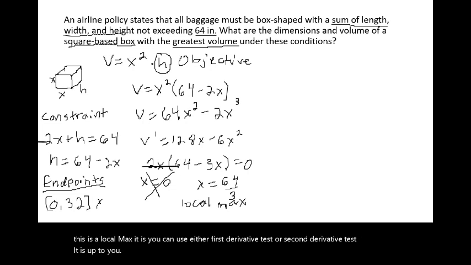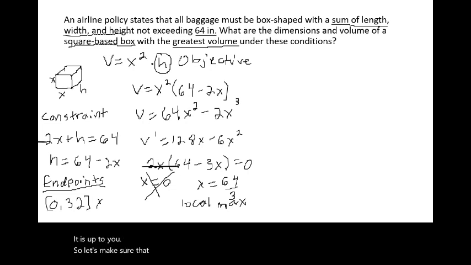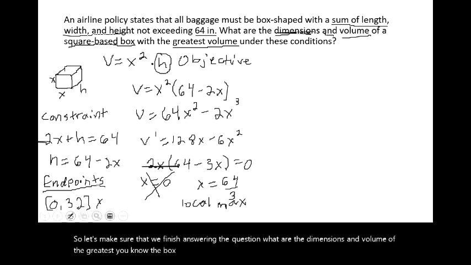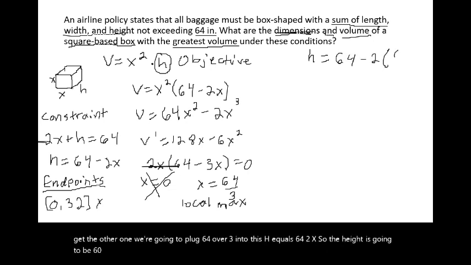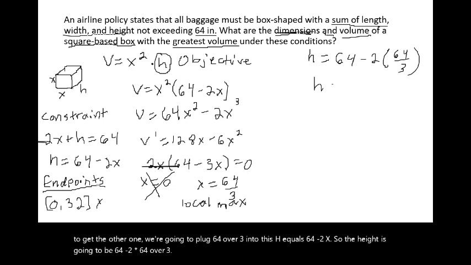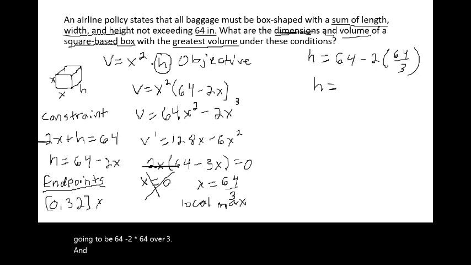So let's make sure that we finish answering the question: what are the dimensions and volume of the box with the biggest volume? So the dimensions, there's one of them. To get the other one, we're going to plug 64 over 3 into this h equals 64 minus 2x. So the height is going to be 64 minus 2 times 64 over 3. And we actually get a height of 64 over 3.